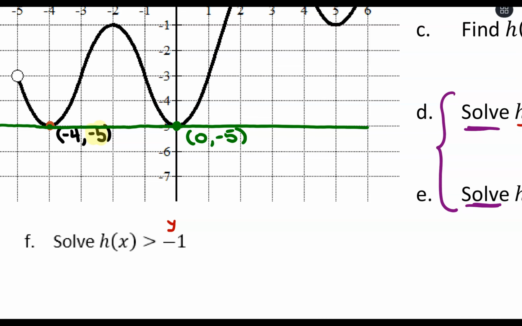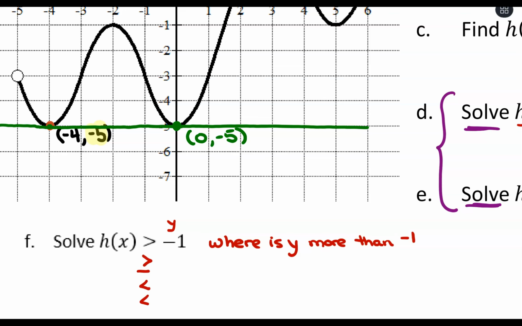This is h of x is more than a y value. So we want to find where is y more than -1. Now for the symbol here, we could see all sorts of possibilities. We could look for more than or equal to -1.